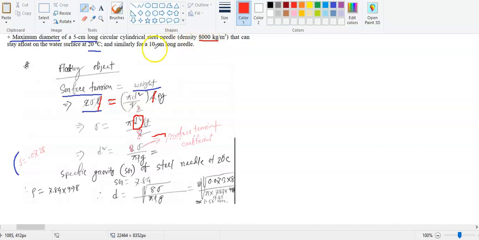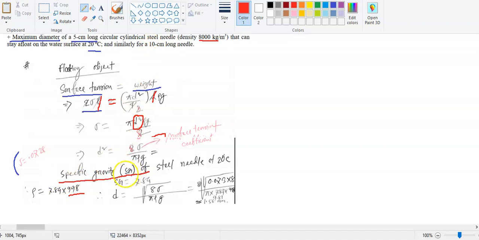Simply, you will jump to the table. You will see what the material is. It is water, so the water density is 998 or 1000. But this is not correct because surface tension is acting here, and this is the cylindrical steel needle, which has some specific gravity.